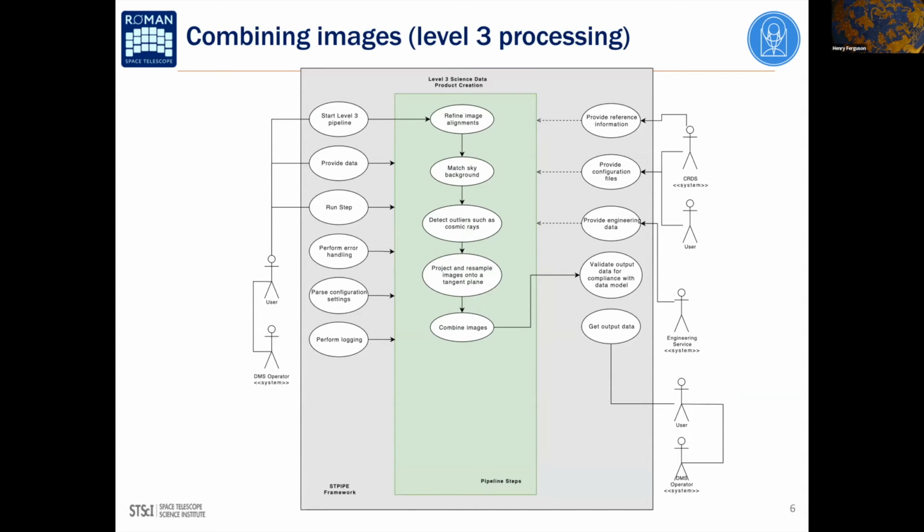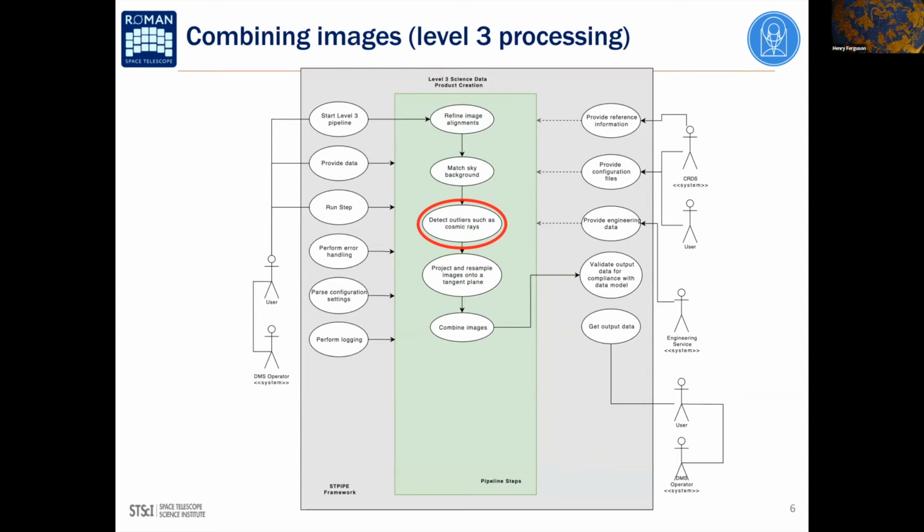Level 3 images are rectified and then combined. So multiple images will be combined. The readouts are non-destructive on Roman, so most of the cosmic rays are removed in the process of fitting the up-the-ramp sampling. But when you combine images, you do additional cosmic ray rejection.